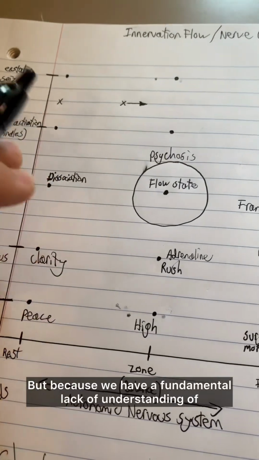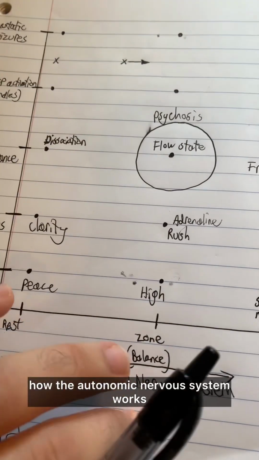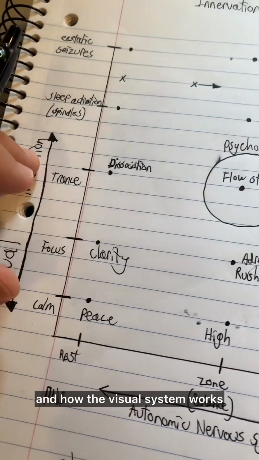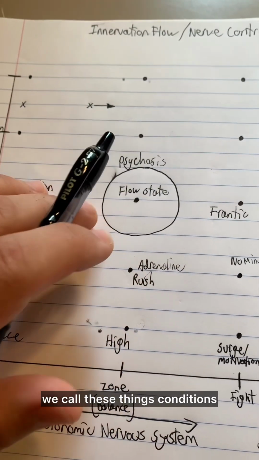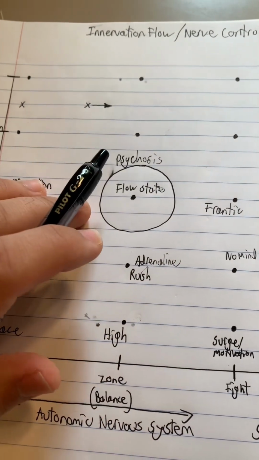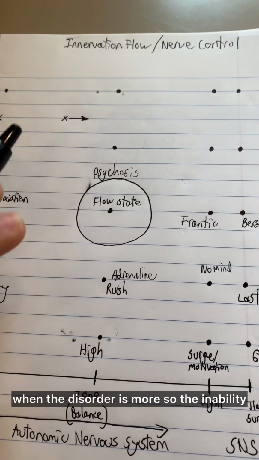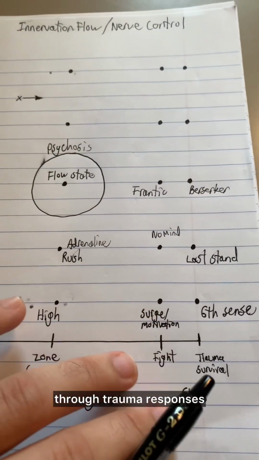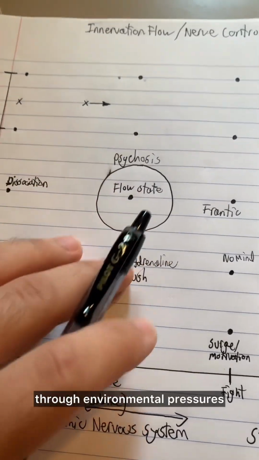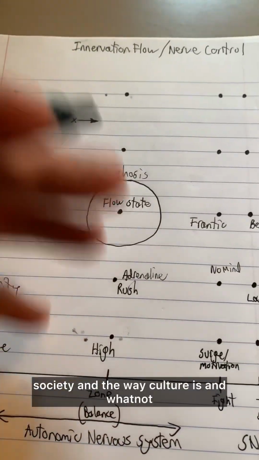But because we have a fundamental lack of understanding of how consciousness and how the autonomic nervous system works and how the visual system works, we call these things conditions and we call these disorders, when the disorder is more so the inability to regulate through conditioning, through trauma responses, through environmental pressures, society, and the way culture is and whatnot.